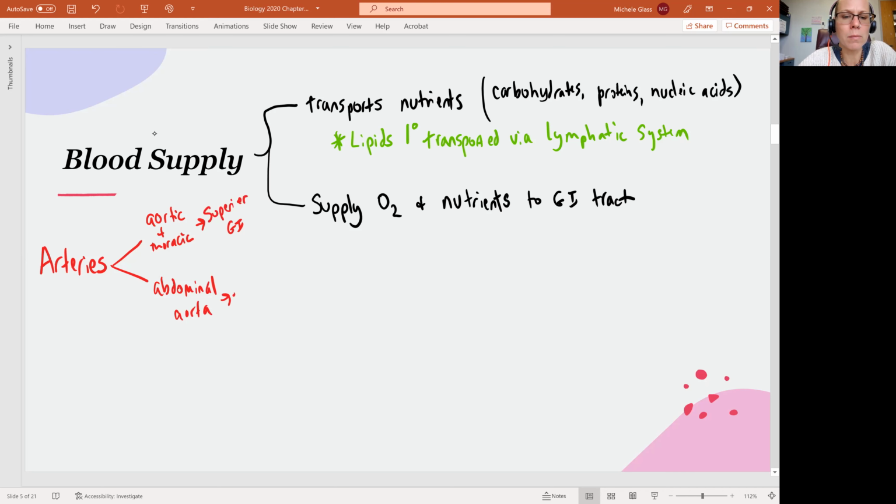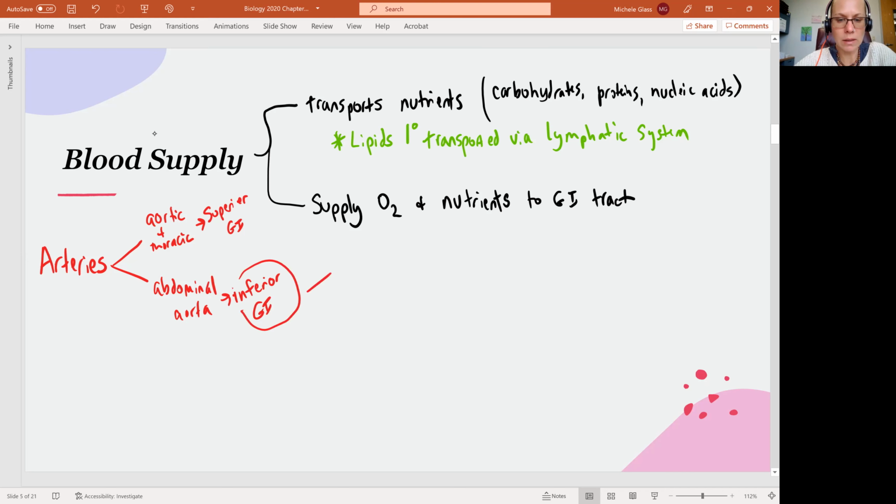And then the abdominal aorta would be inferior GI tract. So the lower portion, what's in the abdominopelvic region. And then we can break down the inferior GI even further.